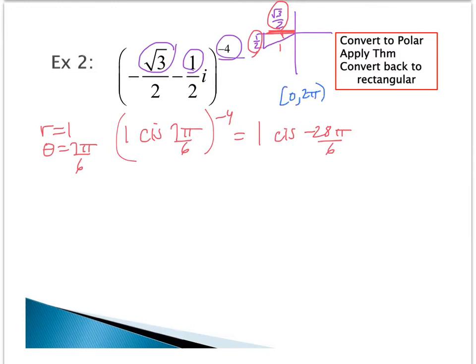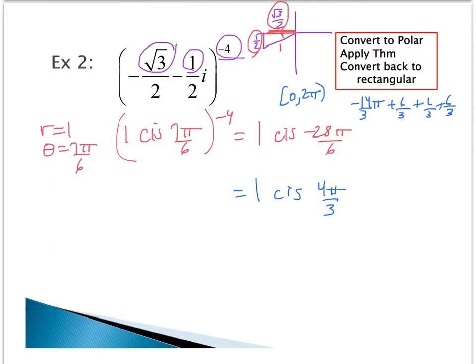So not only do we have to reduce this fraction, but we also have to make it positive. So negative 14/3, and then we will add 6/3 3 times until we get into a positive angle. And we find out that this is equivalent to 1 cis 4 pi thirds.